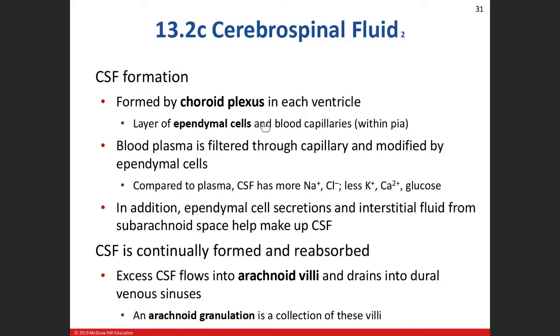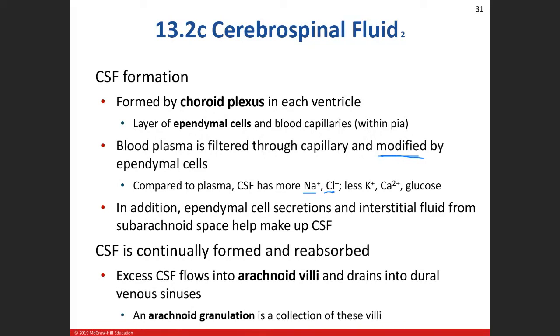So during that process of filtration, it helps to modify, and we'll see with the cerebral spinal fluid, check it out, more sodium, that's awesome, and chloride. Because we already understand how the action potential is governed. Remember, sodium and chloride, salt water, banana floating in the ocean, you're going to see quite a bit of that in the cerebral spinal fluid.